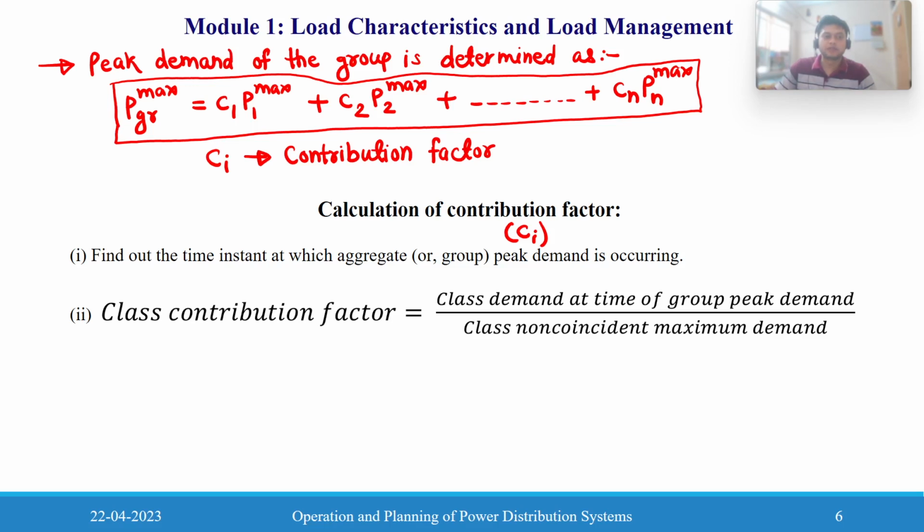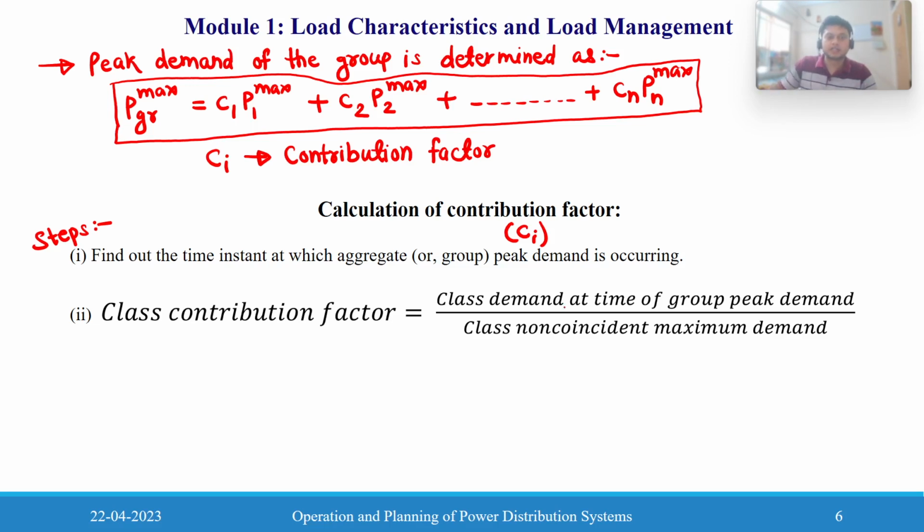There are two steps. First, find the time instant at which the aggregated peak demand occurs. Then find the individual contribution factor for different classes or sections present for the feeder or substation.